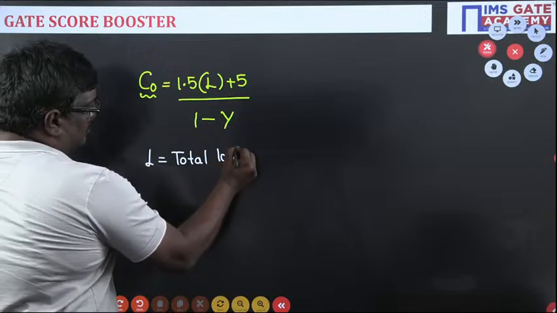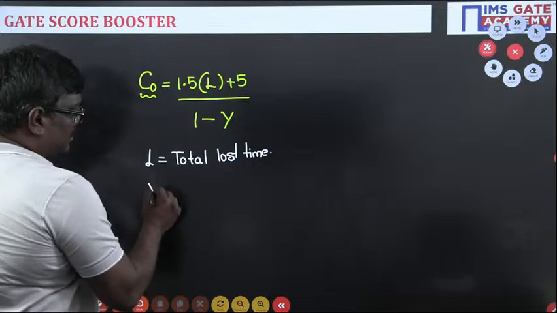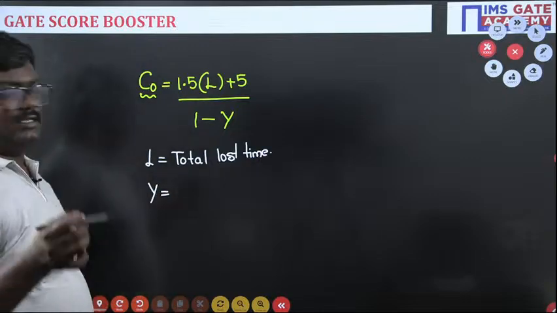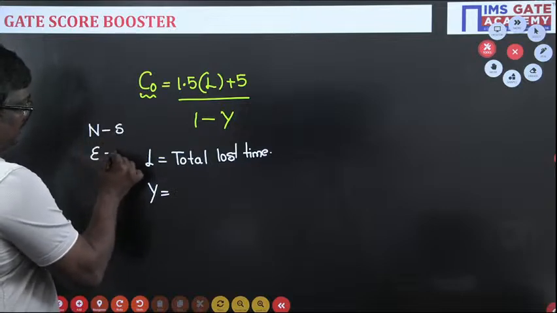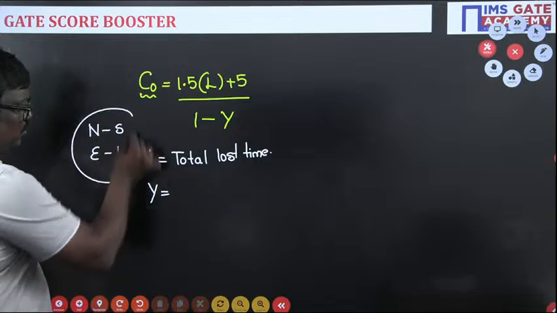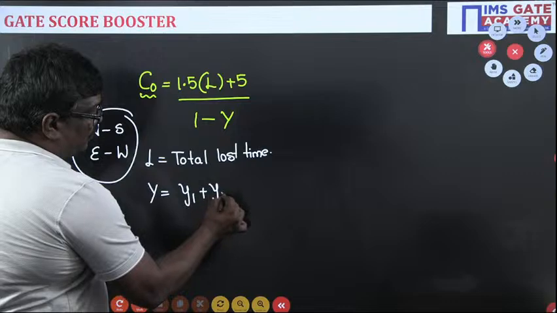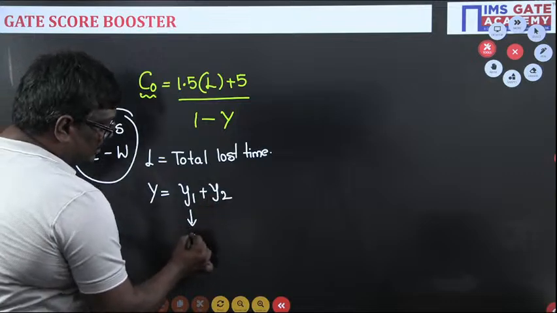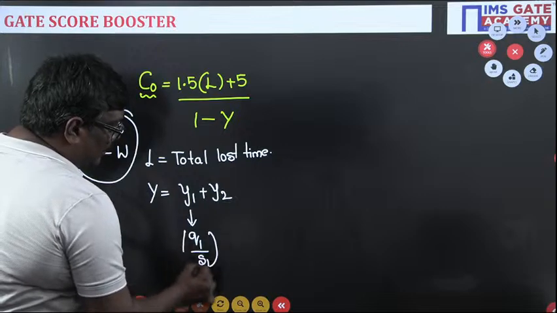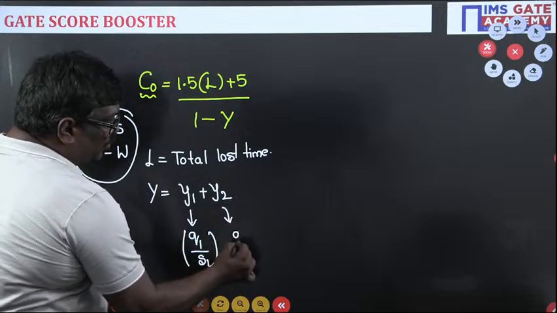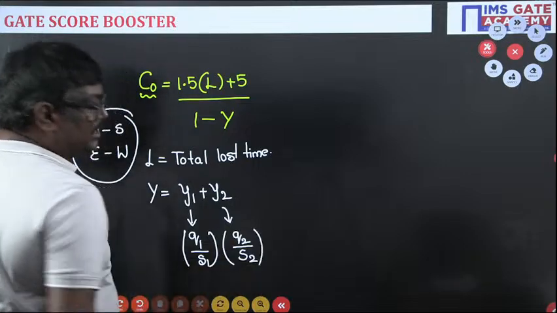L is nothing but the total lost time. And Y, here we have only two things, either the north-south direction or the east-west direction. So it will be taken as Y1 plus Y2, where Y1 is Q1 by S1 and Y2 is Q2 by S2.